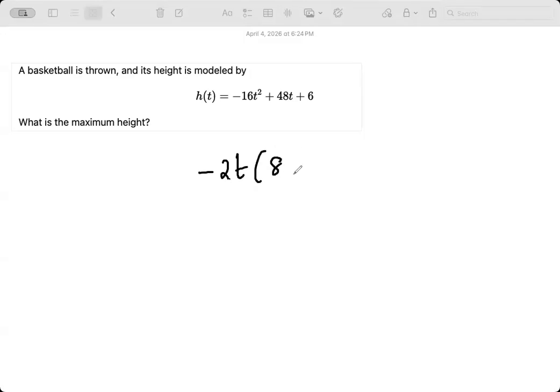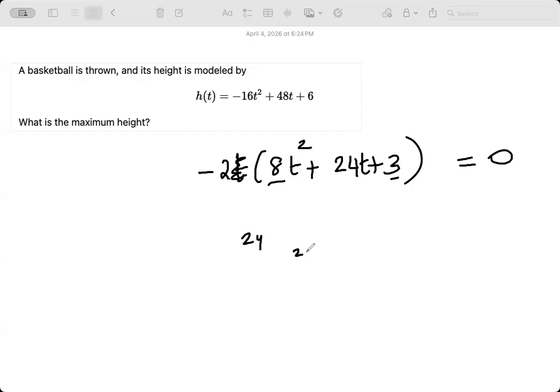Then what else? If I equate this to 0, I'll get the maximum height, right? I don't know what to do after that. I'm kind of confused. So the product is 24. The sum is also 24. Can that happen?